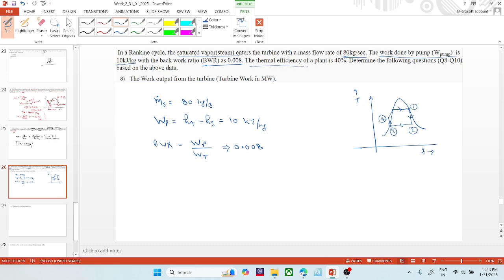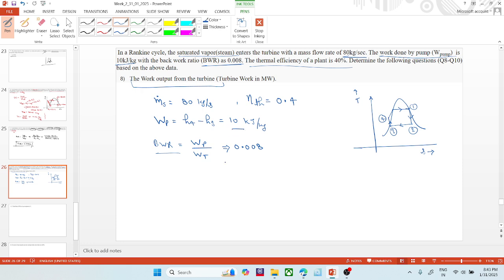And they have given the thermal efficiency of the plant, which I should write as eta TH, is 0.4%. So first what they have asked is the work output from the turbine. It is simply the back work ratio, which is the ratio of the pump work to turbine work.